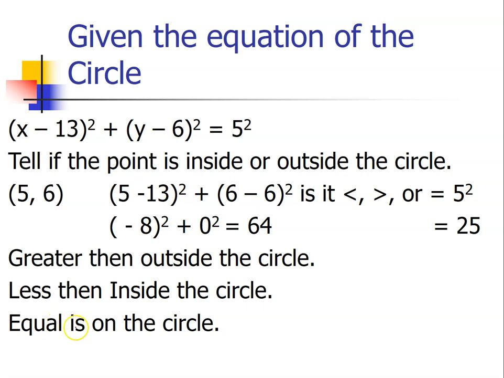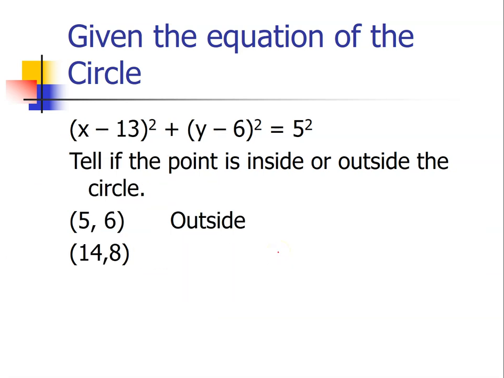If it is equal, then it is on the circle. Given the point (5, 6), we have (5 minus 13) squared plus (6 minus 6) squared, which gives us 64. And 64 is greater than 25, so the point (5, 6) is outside the circle.